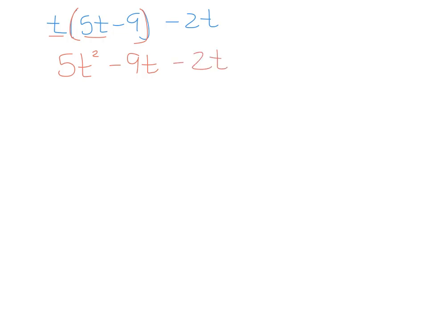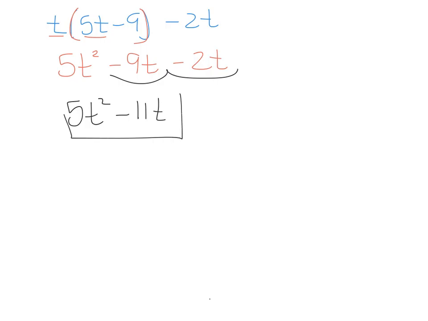So I've distributed what's in the parentheses. Now I have like terms that I need to combine. So I've got 5t squared, and then I've got negative 9t plus negative 2t, which means minus 11t.